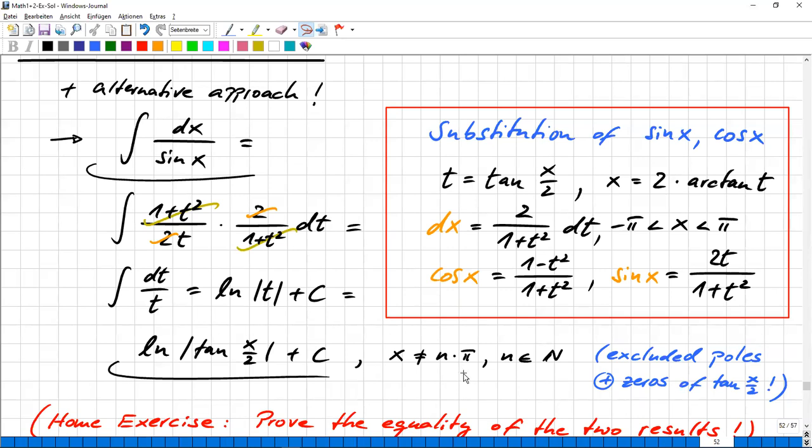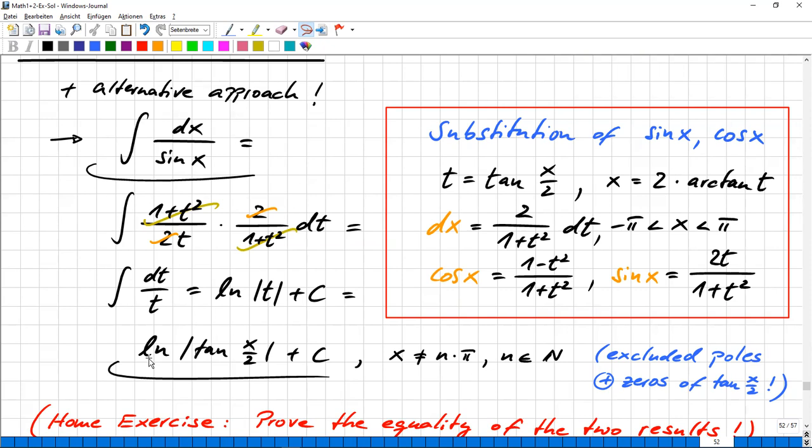But then I find I have to exclude not only the poles, which are the gaps of tangent of x half, but also the zeros of that function. Because the outer function, the natural logarithm, has a domain where its argument is positive.